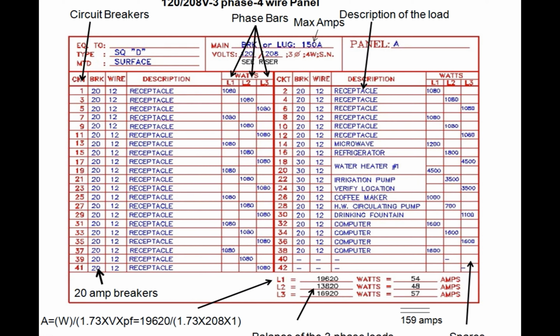The hot water heater has larger circuit breakers because, as you can see, the wattage is a little bit higher, 4500. So you're using a 30 amp breaker. The same for the irrigation pump, water heater. And then you break it down again. Appliances are a little more than receptacles and lighting. Circulation pump, drinking fountain, and then the computer loads are on 20 amp breakers.